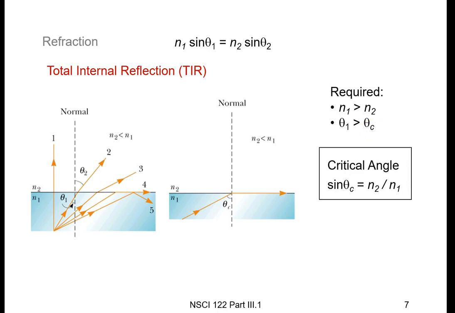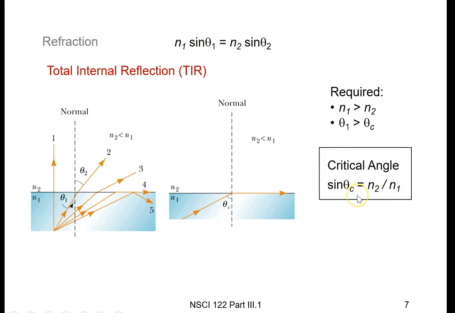Now, you can actually find the critical angle for an interface. The way you do that is you use Snell's law. So if theta 1 is the critical angle, theta c, theta 2 by definition is 90 degrees. Well, the sine of 90 degrees is 1. So that means the sine of theta critical has to be n2 over n1 if you solve this formula for sine of theta critical.